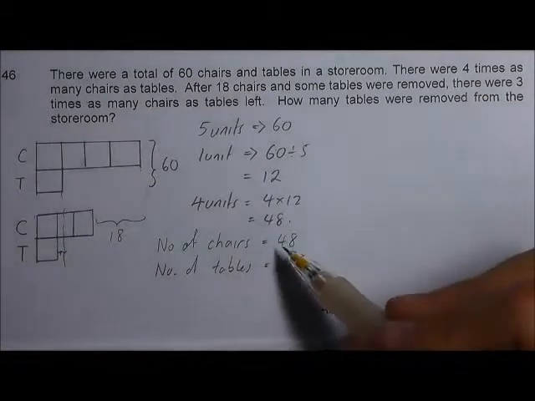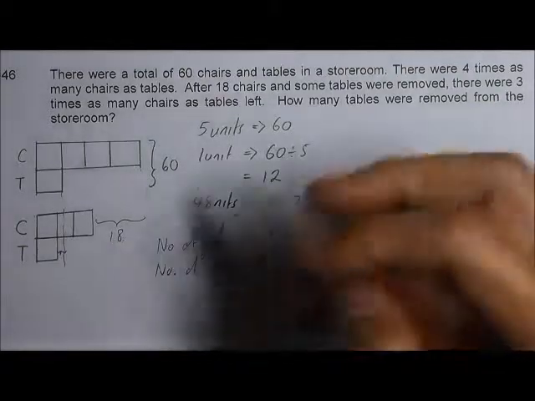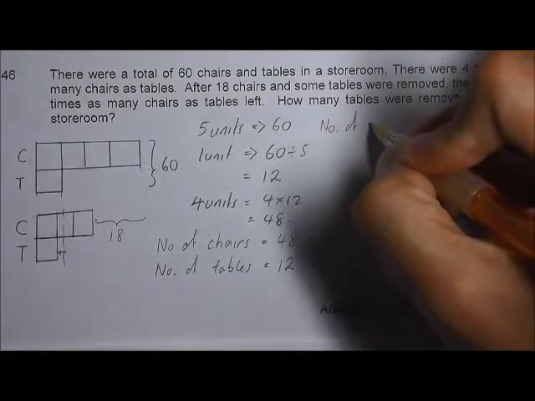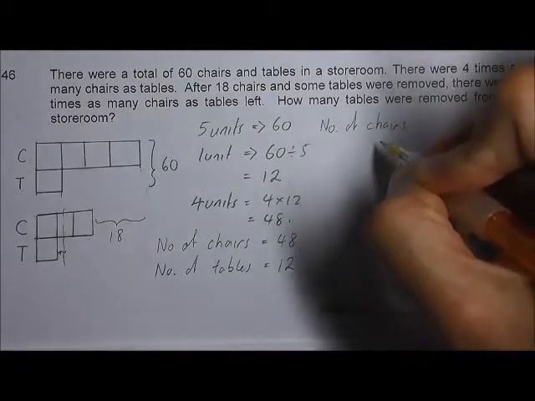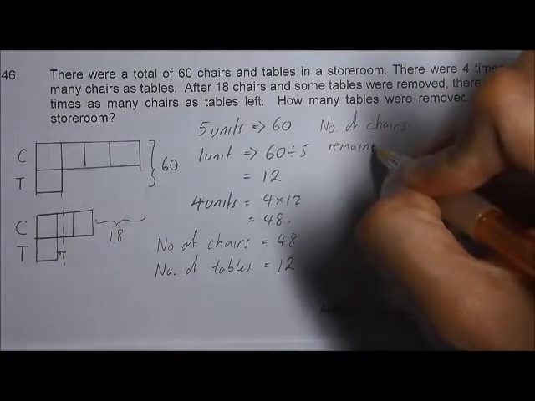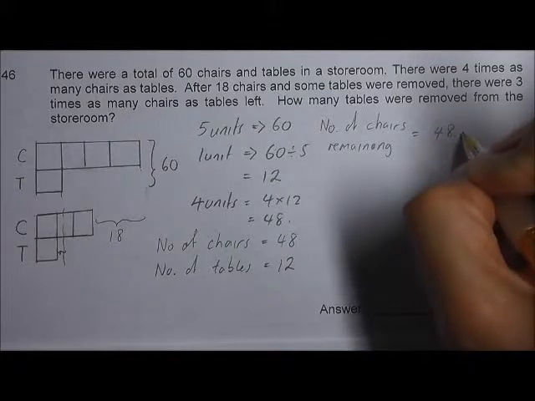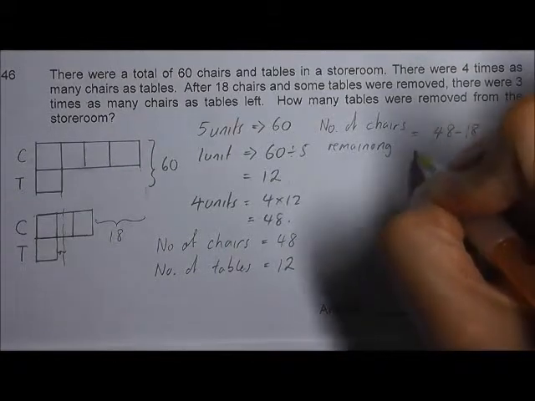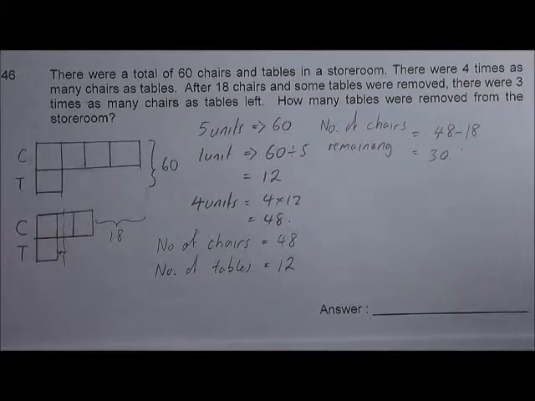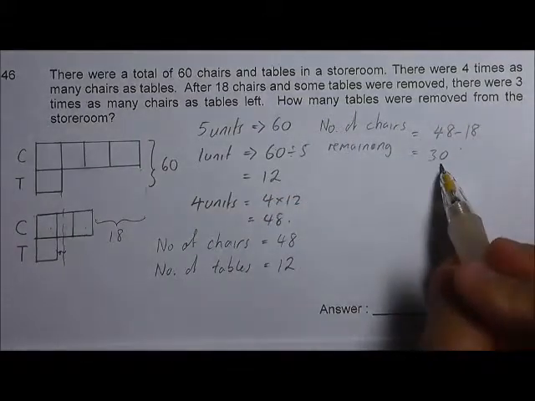Okay, so initially we have 48 chairs, and after we remove 18, the number of chairs remaining will be 48 minus 18. That will give us 30. So 3 units is equal to 30.